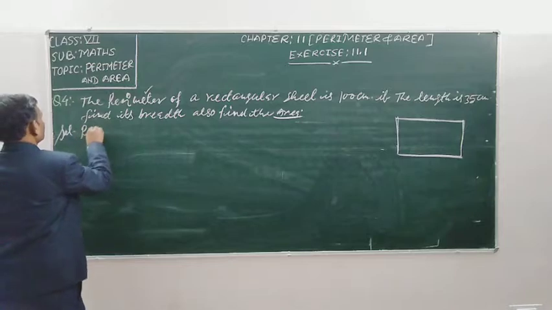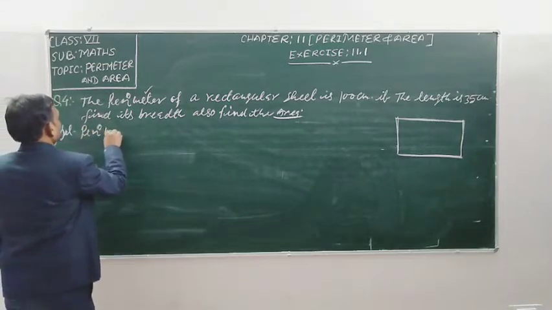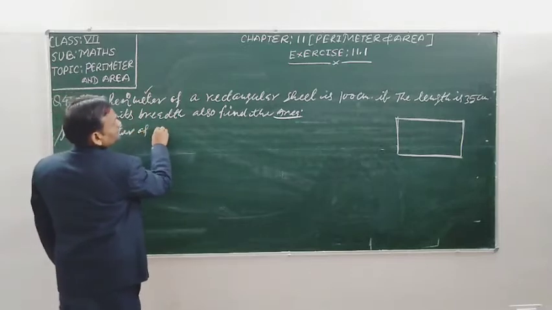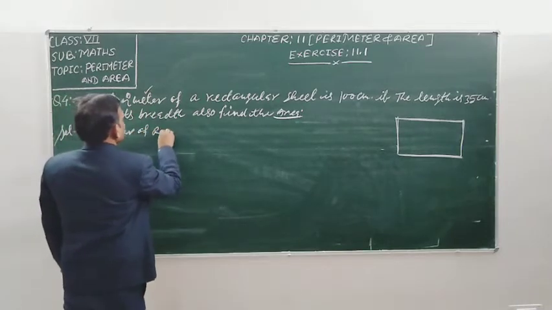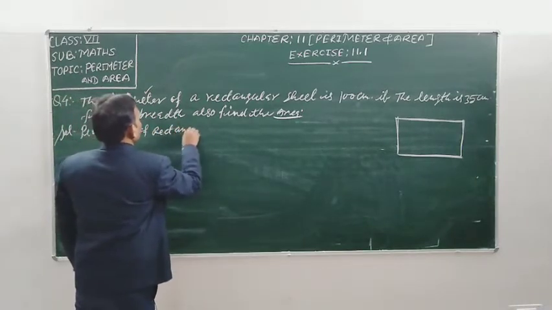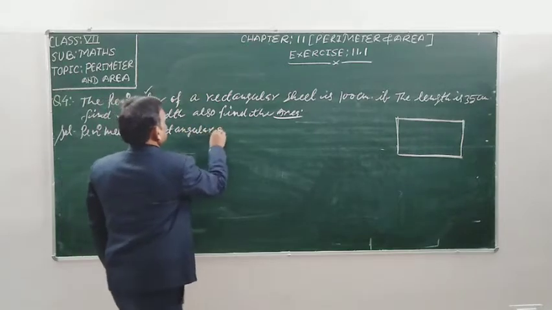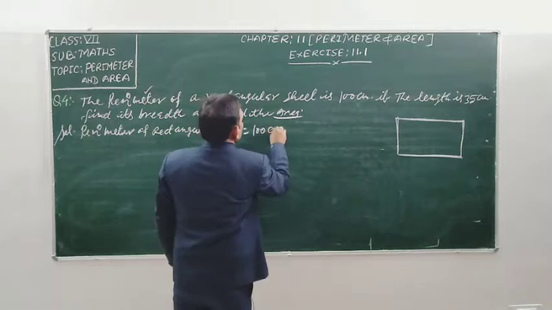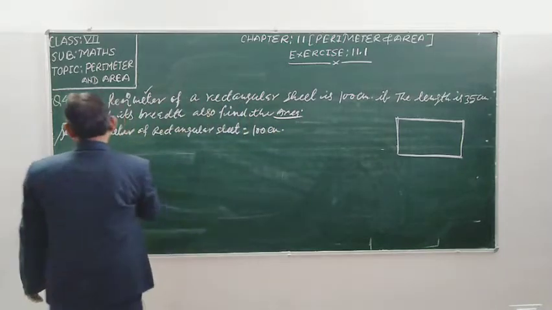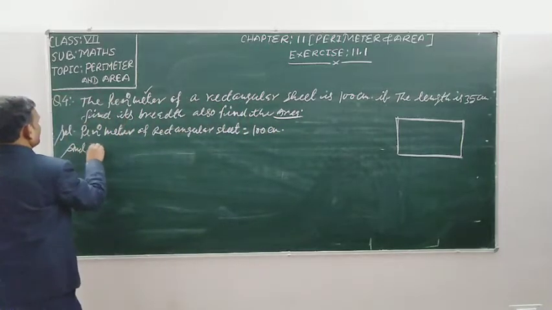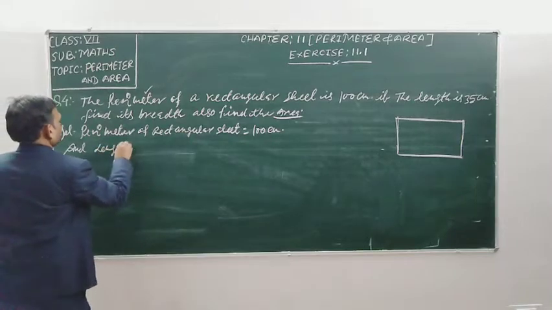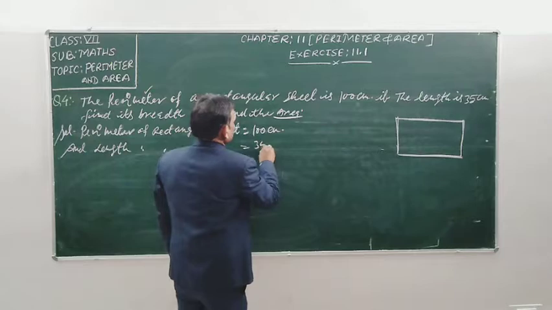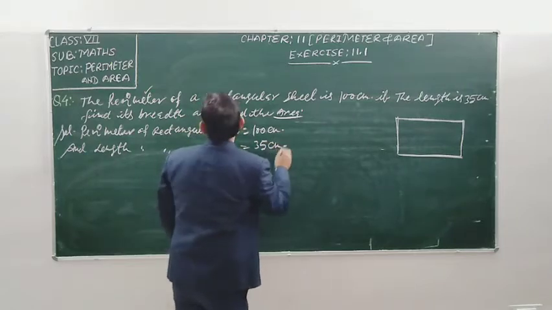Perimeter of rectangular sheet is equal to 100 centimeter and length of rectangular sheet is equal to 35 centimeter.